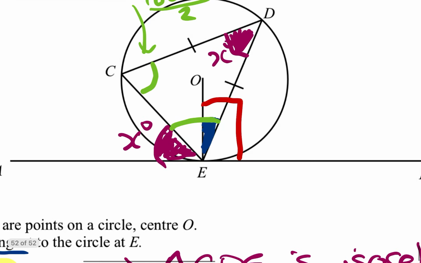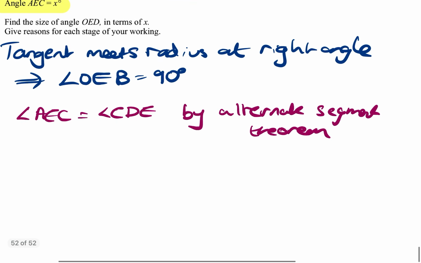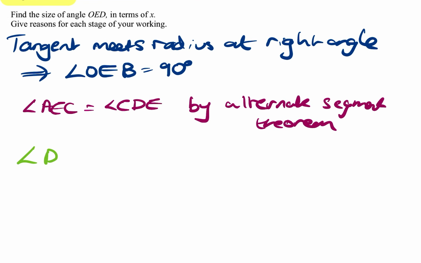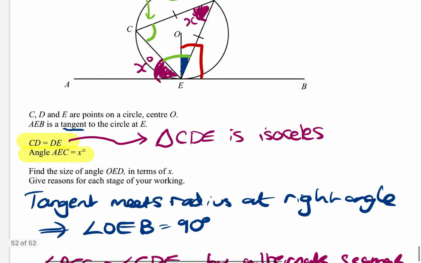I'm going to write that reasoning down: angle DEC equals 180 minus X over 2, as base angles in an isosceles triangle are equal. Brilliant. So we're almost there now.